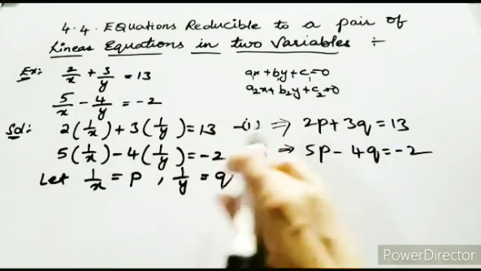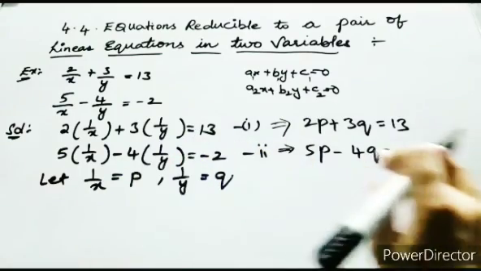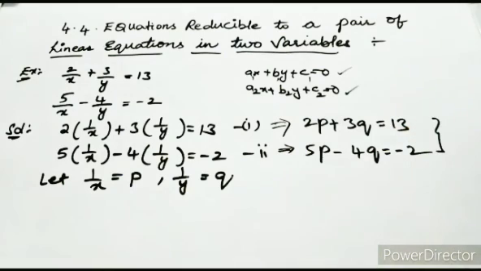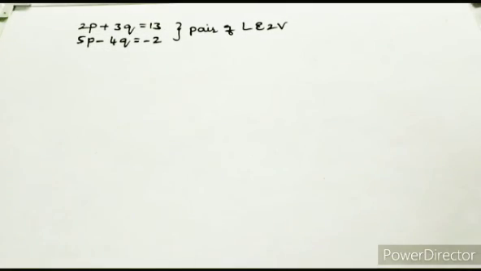Observe that you have converted the non-linear form into linear equation form. It satisfies these conditions. We have converted the non-linear equations into a pair of linear equations in two variables.